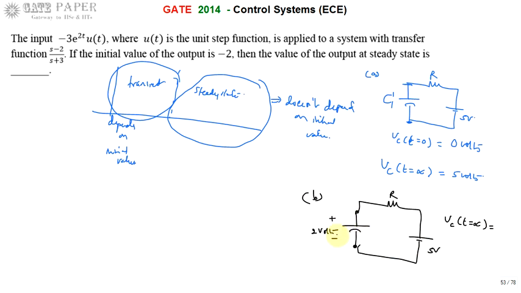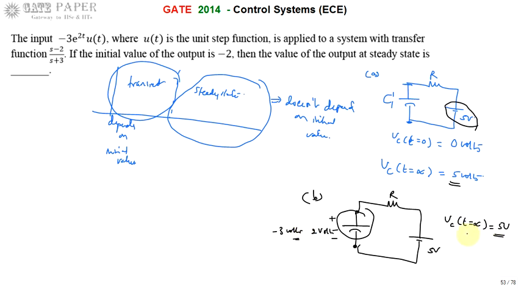The initial value doesn't have any effect on the steady state. The steady state value is 5 volts, depending totally on the input you apply, not on the initial condition at the output. Whether it has 0 volts, 2 volts, or -3 volts, it doesn't matter. The capacitor charges to the final value.